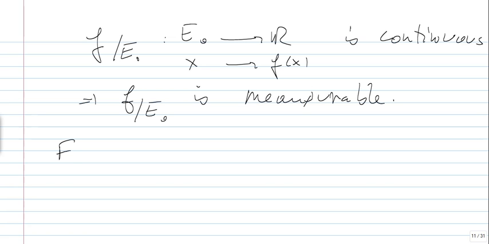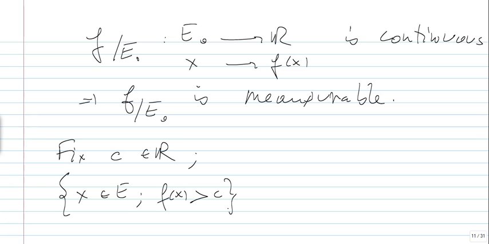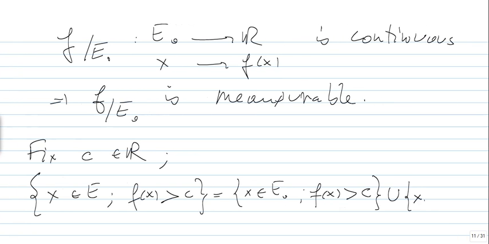So now fix C in R and look at the set of x in E such that f(x) is greater than C. This would be exactly the set of x in E0 such that f(x) is greater than C, union the set of xi's such that f(xi) is greater than C. Since the restriction of f to E0 is continuous and measurable, the first set is measurable.